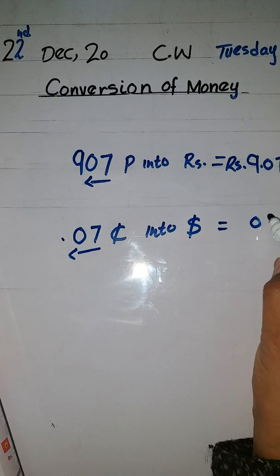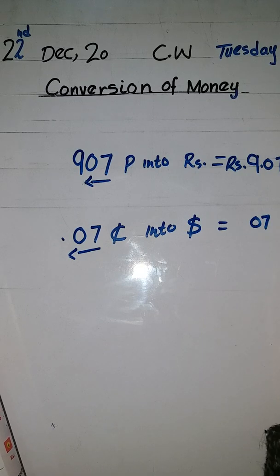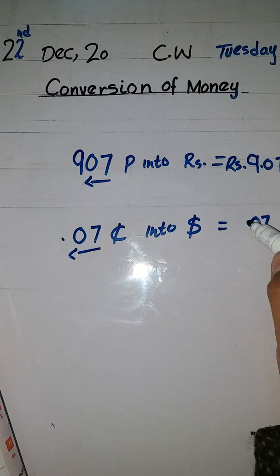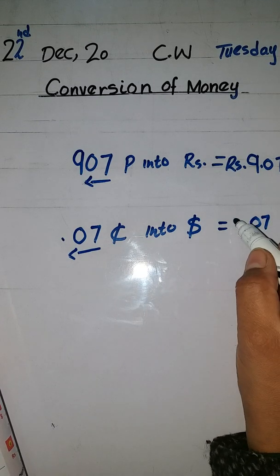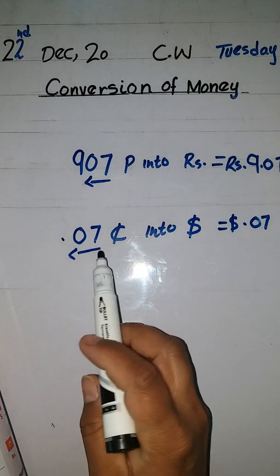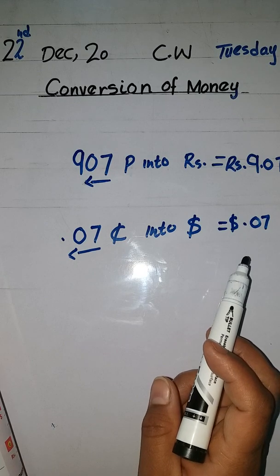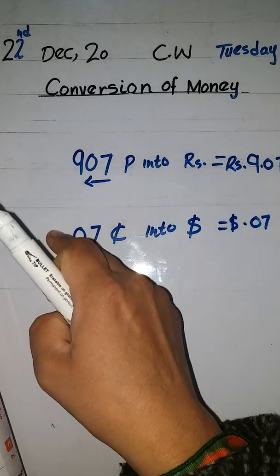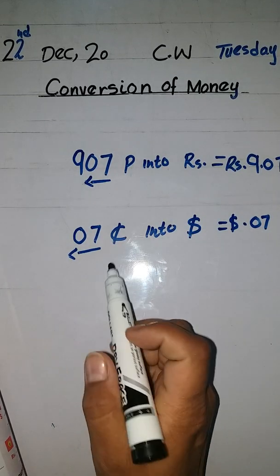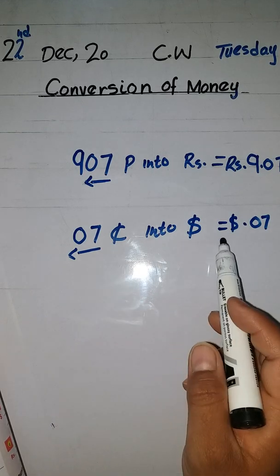It will be 07.07 and put the dollar sign. This is the way to convert cents into dollars and dollars into cents. In the starting there wasn't a point, it was 7 cents. How many cents? 7 cents into dollars.